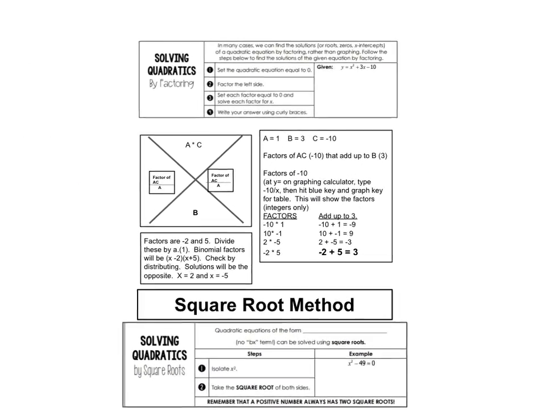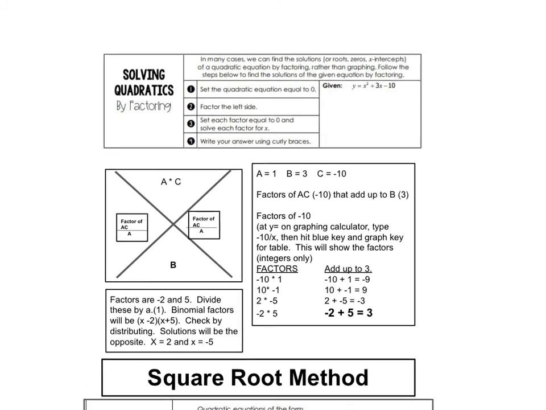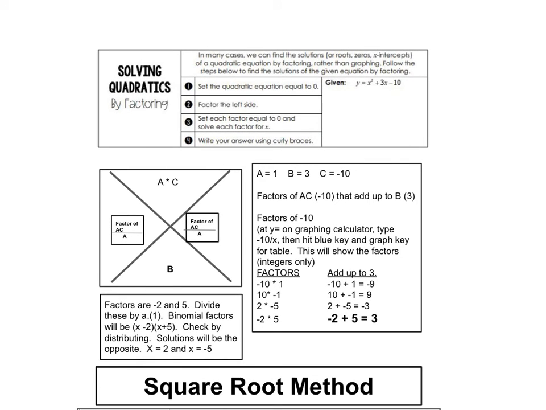Alright, I kind of gave you some little reminders here exactly how to solve a quadratic by factoring. We did factoring earlier in this package. I believe it was on the last video. You put A times C. We're looking at this equation. This would be negative 10, and B would be 3.